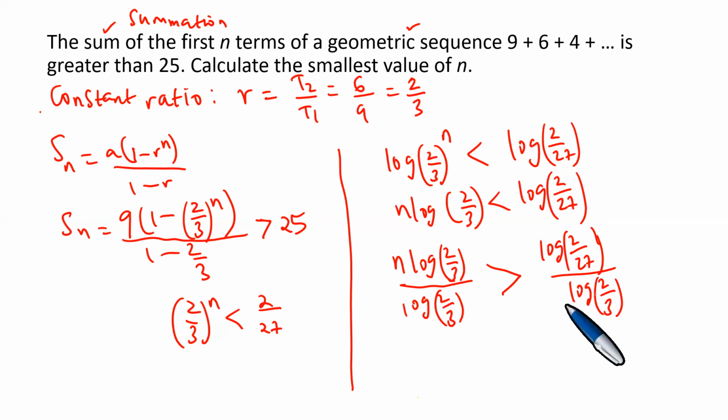Because if you look at the log of 2, 2 is smaller than 3. So if you use a calculator and you do the log of 2 over 3, it doesn't look like it has a negative, but it is negative.